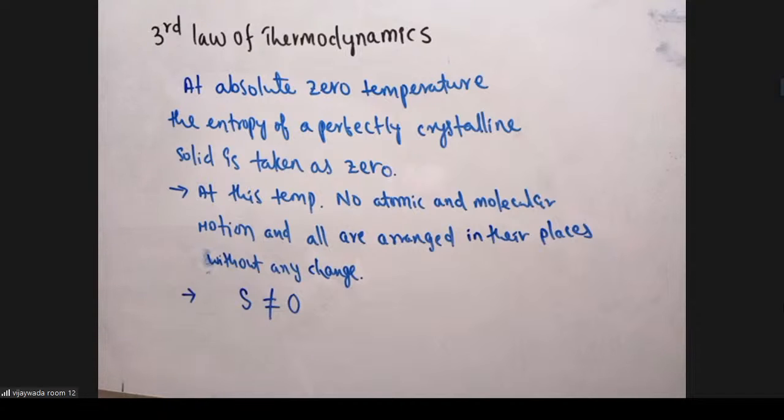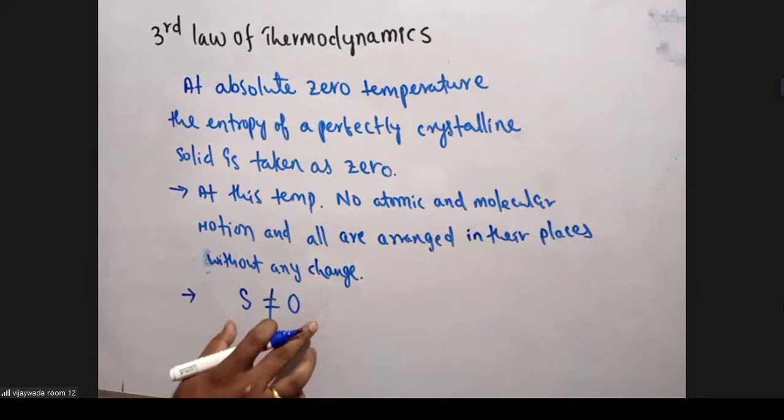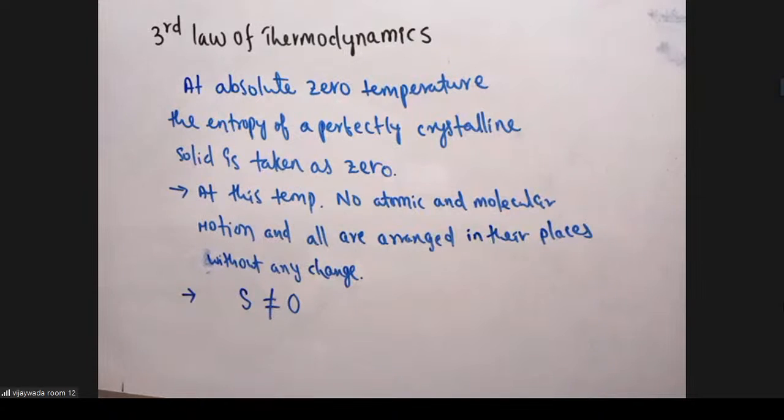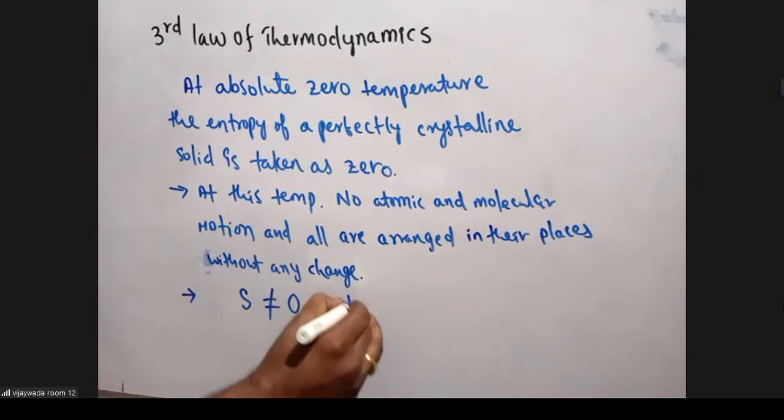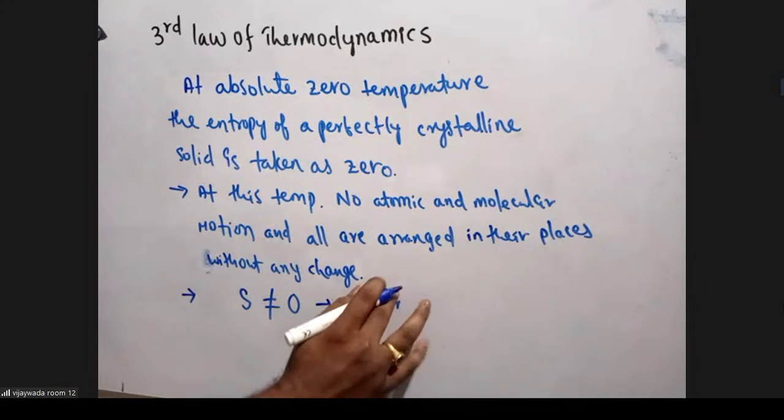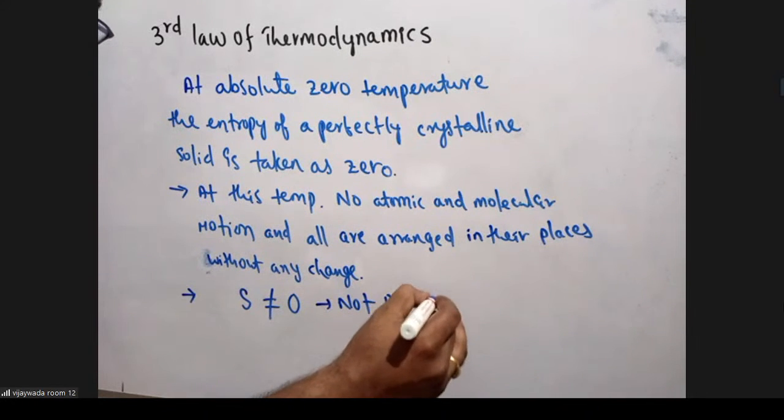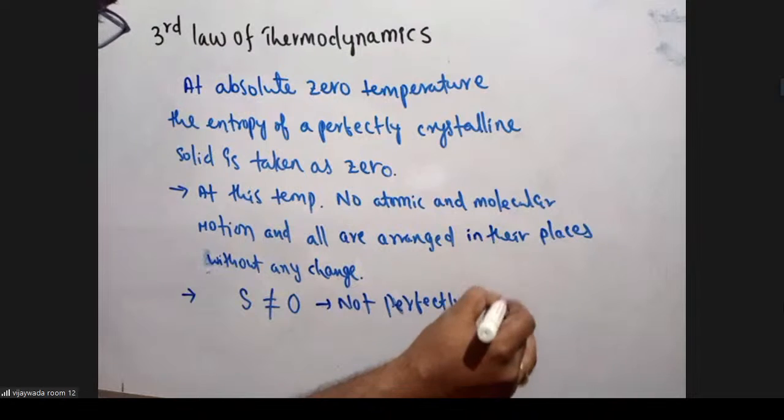There is no proper arrangement. There is still some disorderness. So if you see in a question that at 0 Kelvin the entropy of the system is not equal to zero, you can say it is not a perfectly crystalline solid.